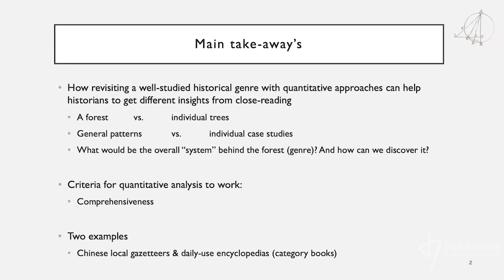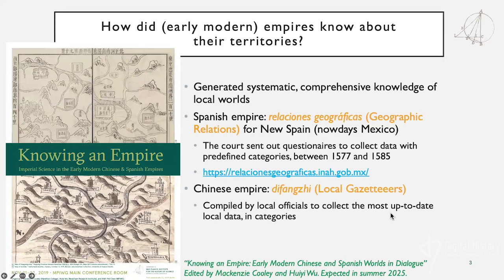Okay, so we will start with local gazetteers. Let me start with this question. There are many early modern empires, and they owned large lands. They have huge territory. Sometimes they have colonies.